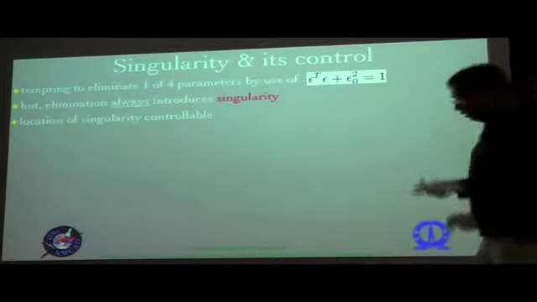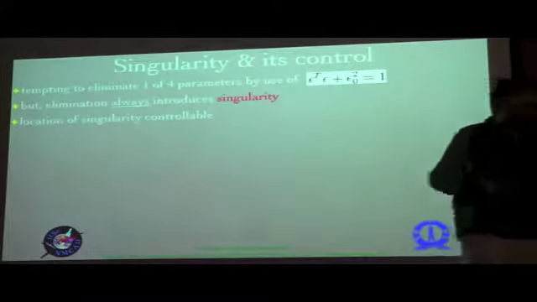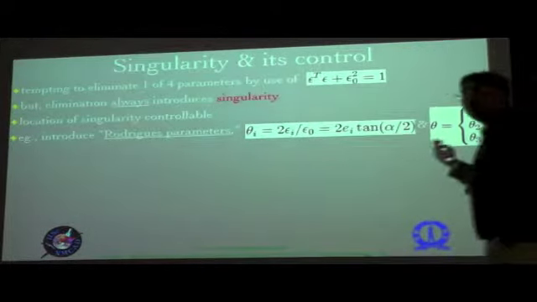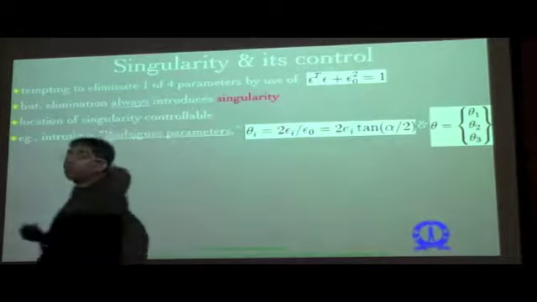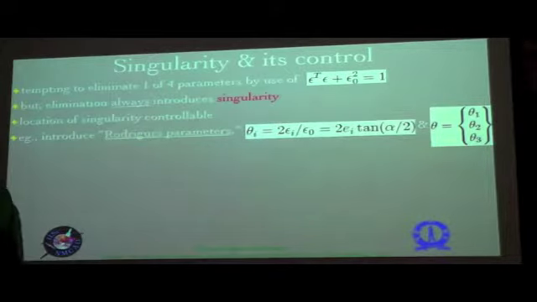Depending upon how you eliminate it and what you eliminate, you can control the singularity, and that's what we will show in some example situations. One is a very standard example used quite extensively in beam literature, known as the Rodrigues parameters, introduced by a researcher named Rodrigues and therefore named after him.